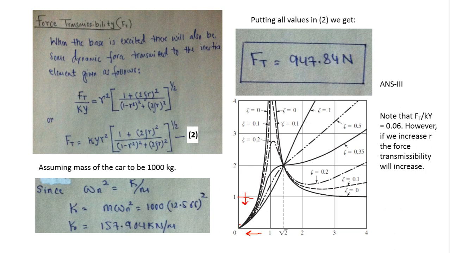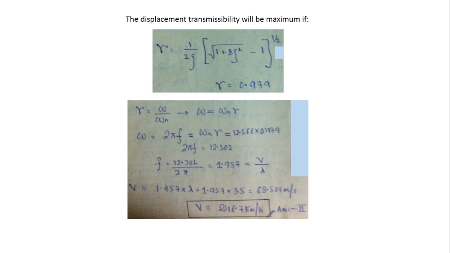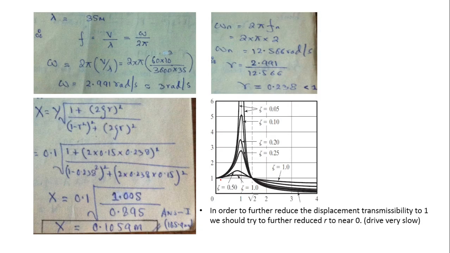We are operating somewhere here where the value of r is 0.238, and not only have we reduced the value of force transmissibility, we have also reduced the value of displacement transmissibility. Okay, it is very close to 1.